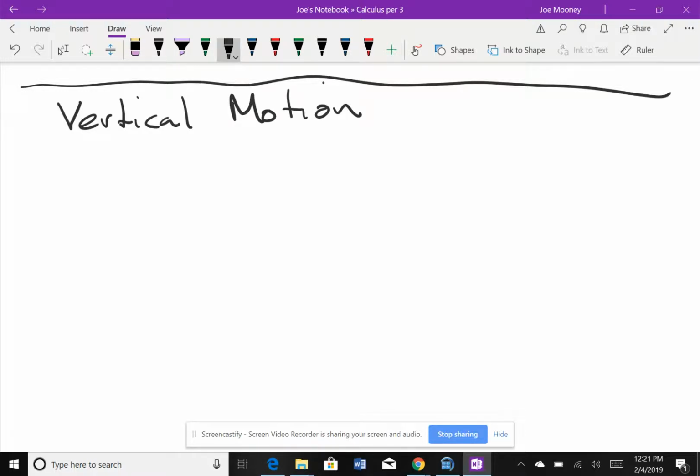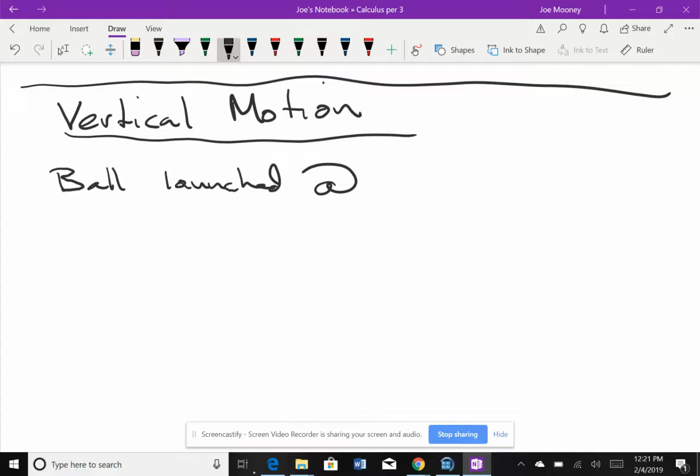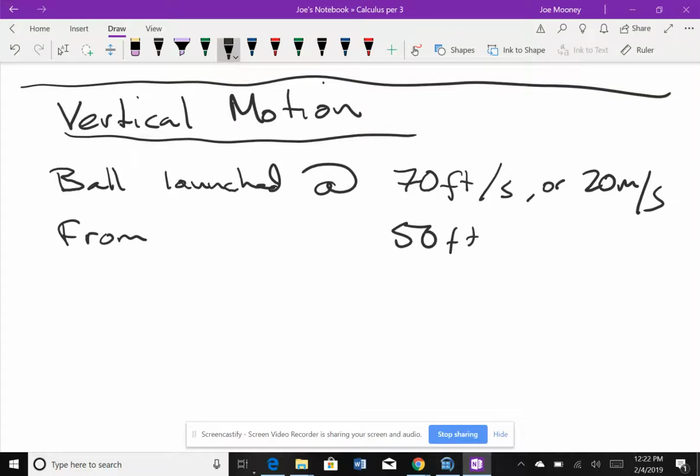And it might be a question such as a ball is launched at whatever 70 feet per second, or it might be 20 meters per second, and from 50 feet or from 6 meters, something like that.